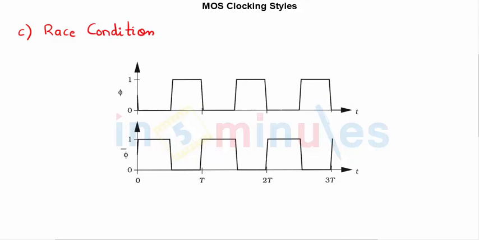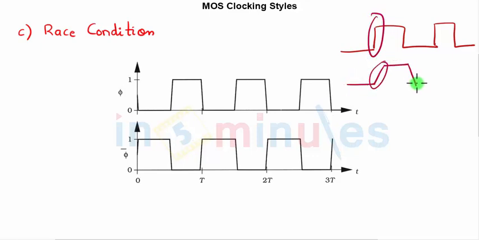There is a race condition as well. Till now we have assumed phi and phi bar as ideal signals, which means a square waveform is what we had drawn. But technically this is not the case. Every signal has a finite rise time and a finite fall time.